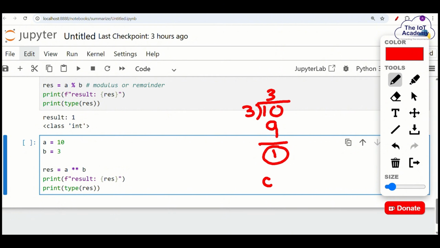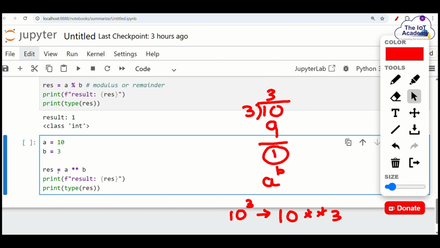Remember in Python, on your keyboard, you cannot really type 10 to the power 3 because it doesn't have that option. So using your keyboard, you type 10, star, star, and then 3. Okay, so let's do that.